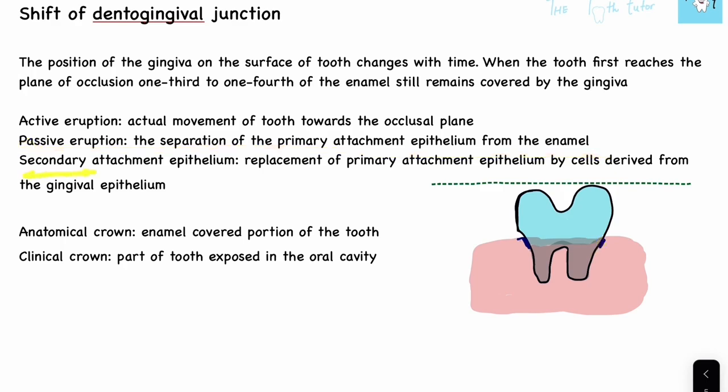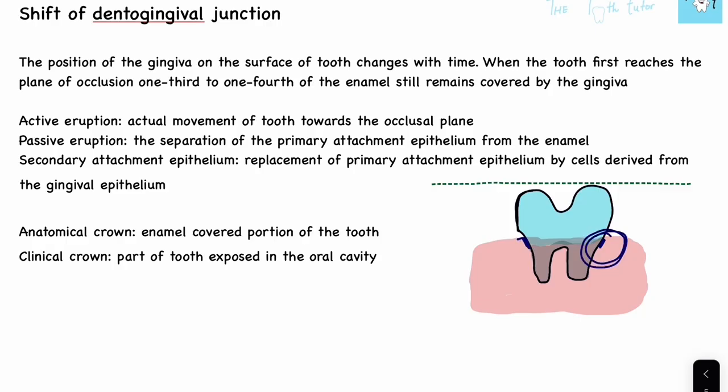Now there is secondary attachment epithelium. What is this? After the primary attachment epithelium has come to the cementum and the gingiva has receded too much, this was similar to reduced enamel epithelium, right?